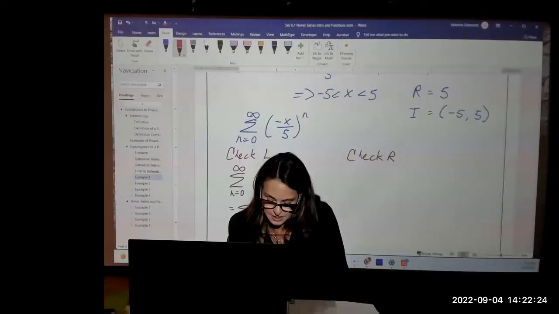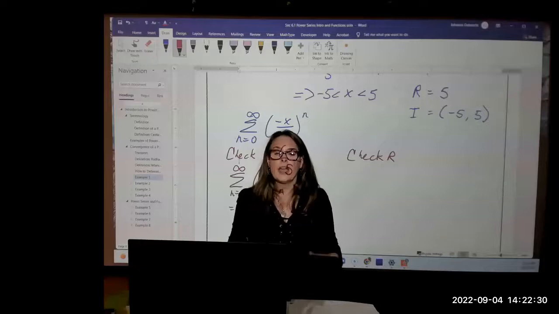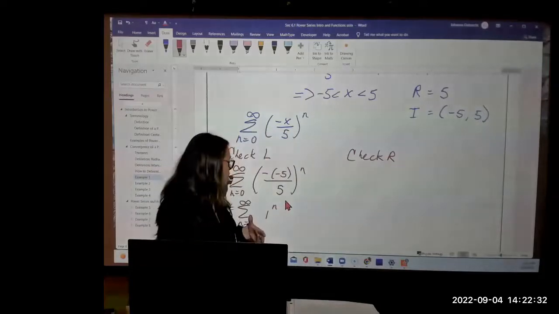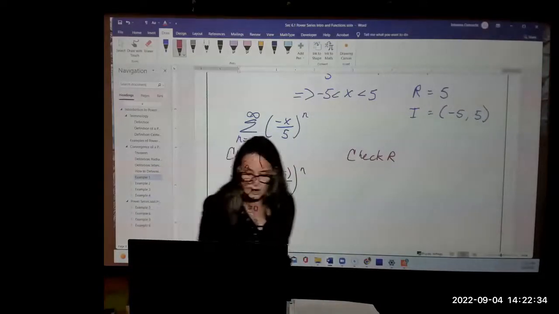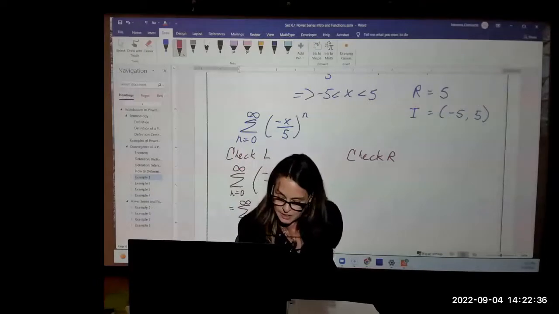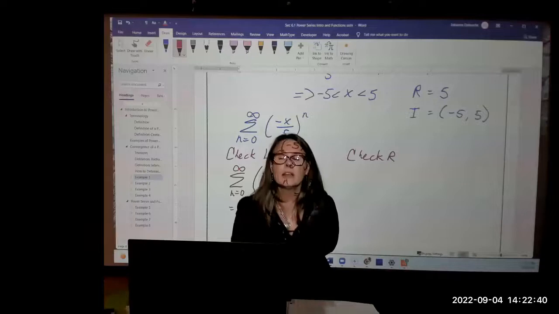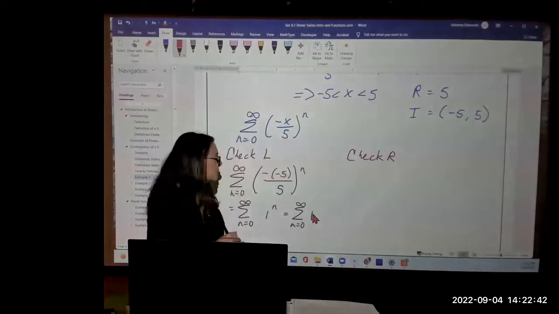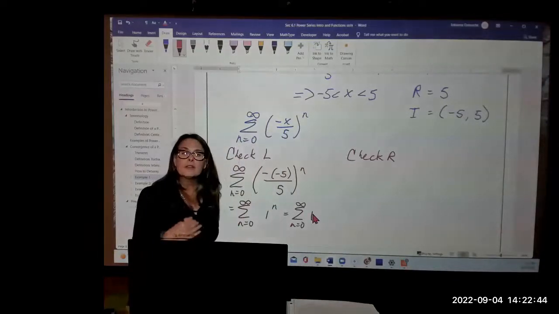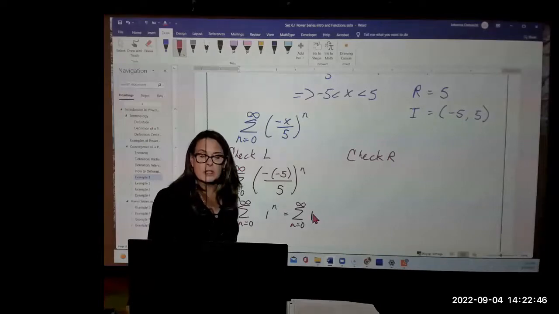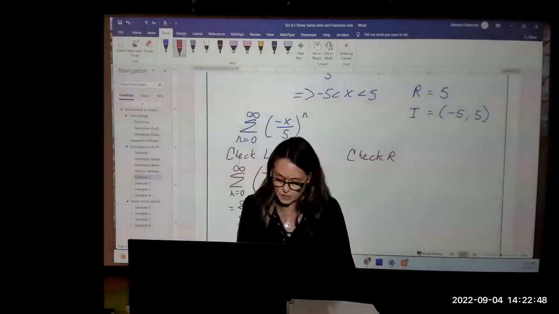And this gives me the series from n equals 0 to infinity of 1 to the n. Now, if n is a finite value, then this is just the series of 1, which becomes the series from n equals 0 to infinity of 1. But the limit of that sequence is 1. The limit of the sequence is not 0, so it diverges by the divergence test.